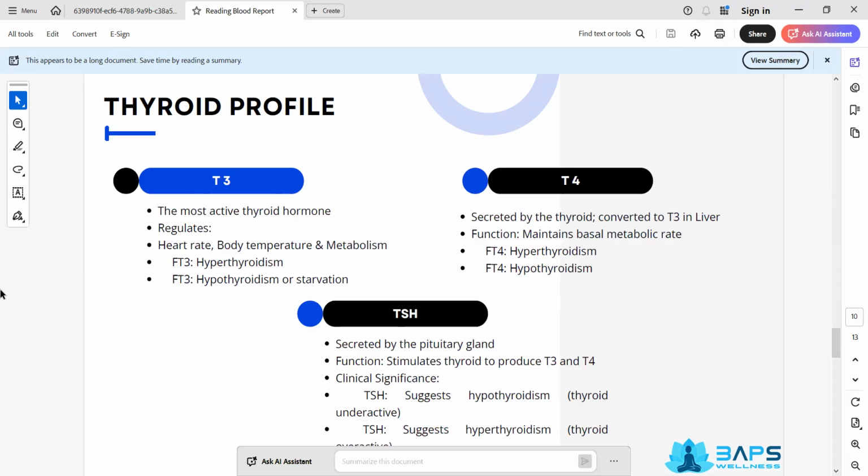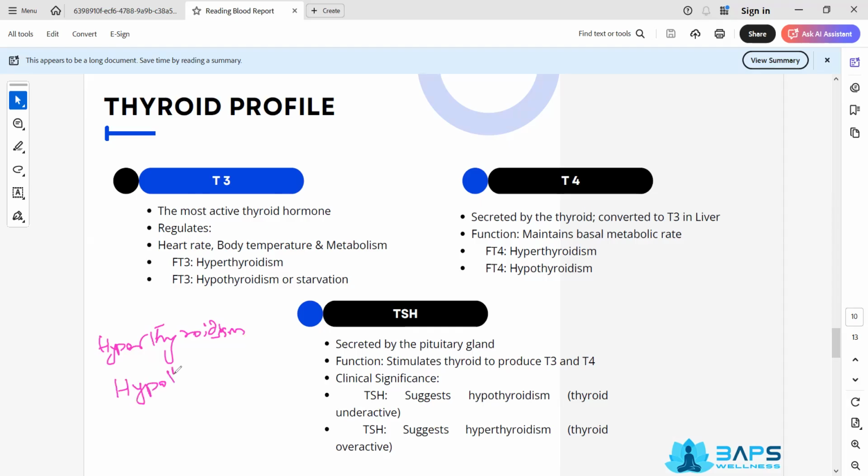Then we come to the thyroid profile. Thyroid is a hormone which regulates the entire metabolic rate in the body. There are two conditions. If it is secreted more, it is hyperthyroidism. If it is less, then hypothyroidism.